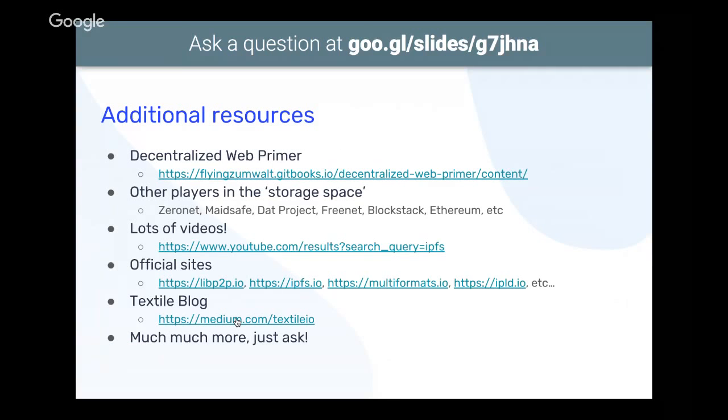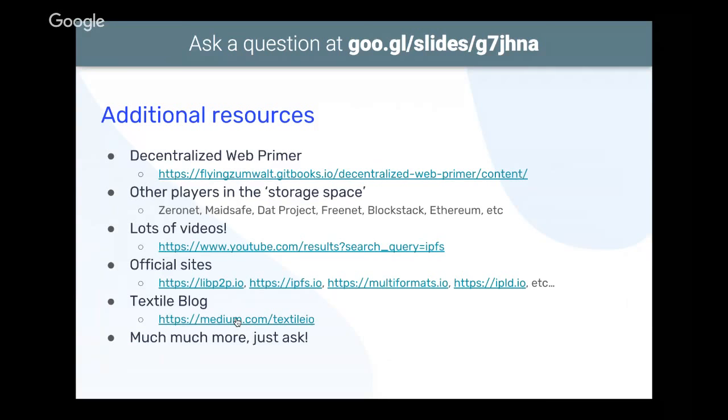Here's a slide with some additional resources that you can play around with. As I said, there are a lot of videos out there covering broader topics that we skipped over today and will mostly leave throughout this course. I'll continue to post videos throughout the slides that give you a better idea of what's going on. In general, there's a lot of useful material out there, and really, our goal with this course is to provide a resource to help you find those things and help make sense of them.